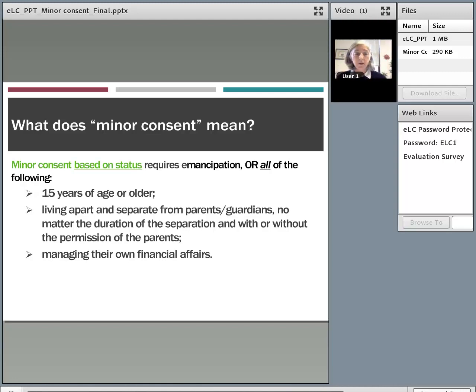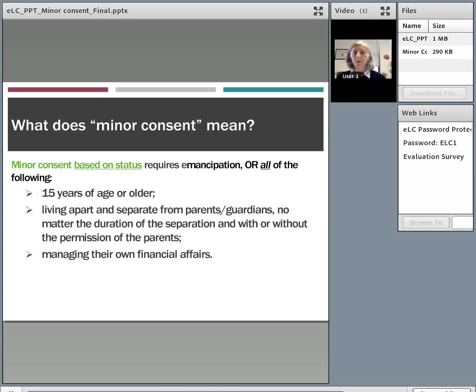Now, depending on the type of clinic you're in, these status exceptions may play an important role or they may not. If you're in a clinic that sees a lot of homeless young people, for example, these criteria will be really important and may be very relevant.